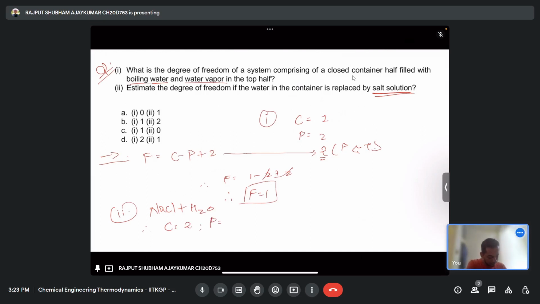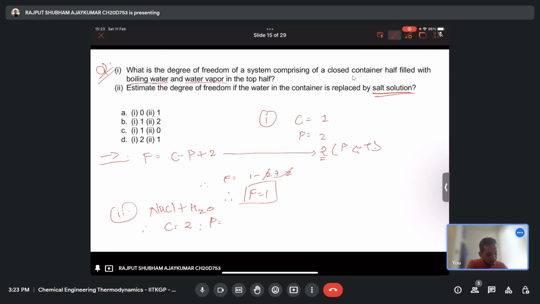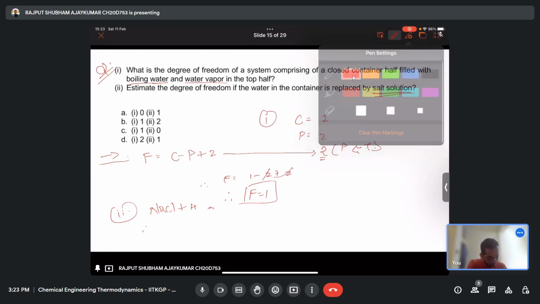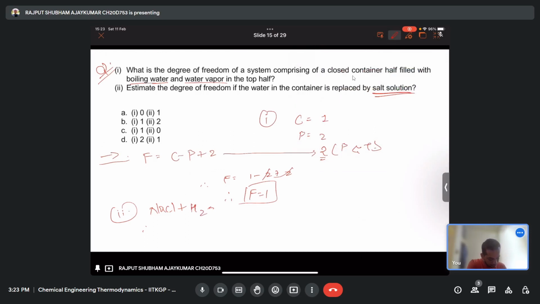Phases, number of components, oh sorry, plus 2.